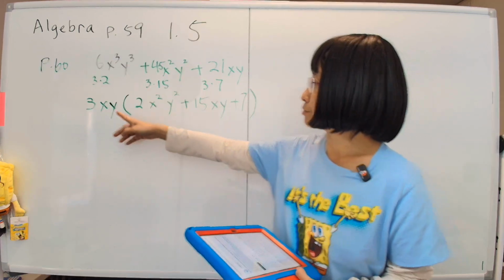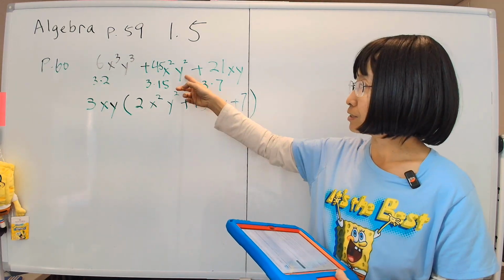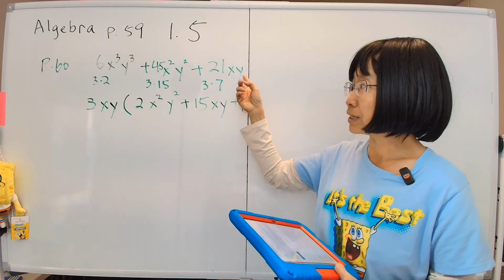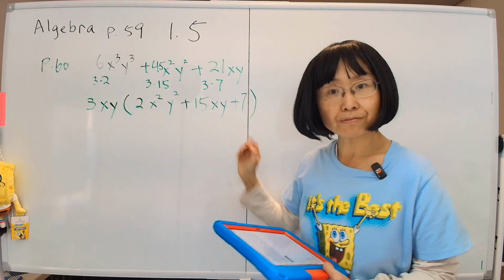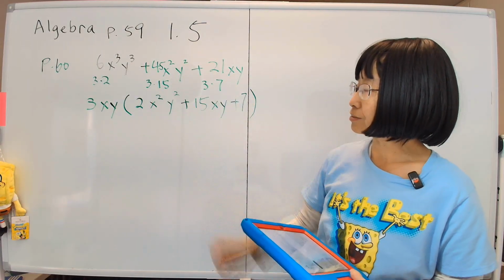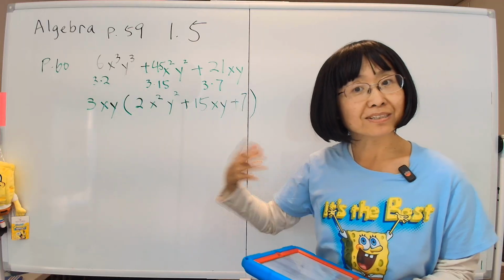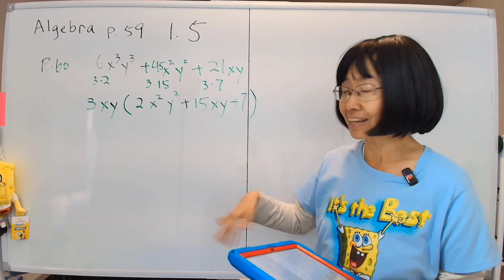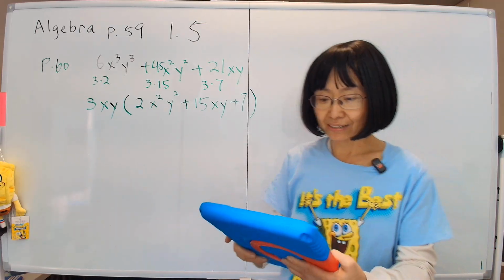And then 3 times this 15 is 45, and 3 times 7 is 21xy, because all this stuff multiplies out. So factoring is basically the reverse process of what we did before, multiplying polynomials. Now we're going to work backwards and factor the expression out.